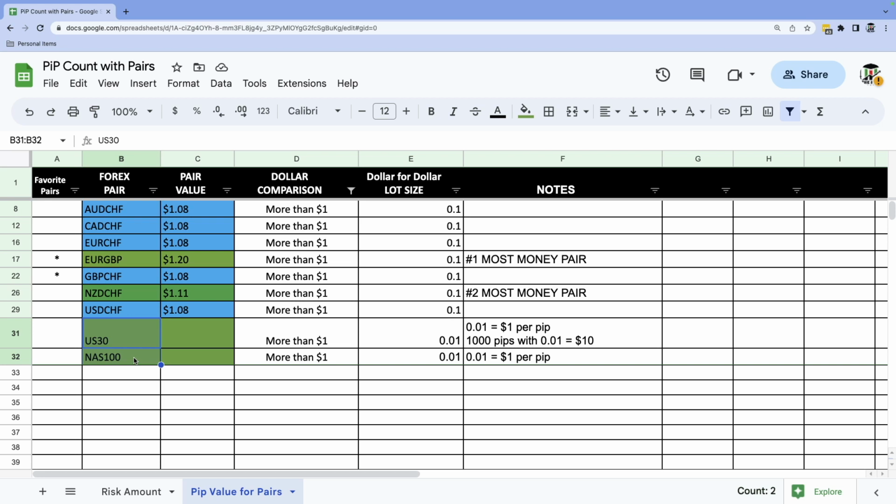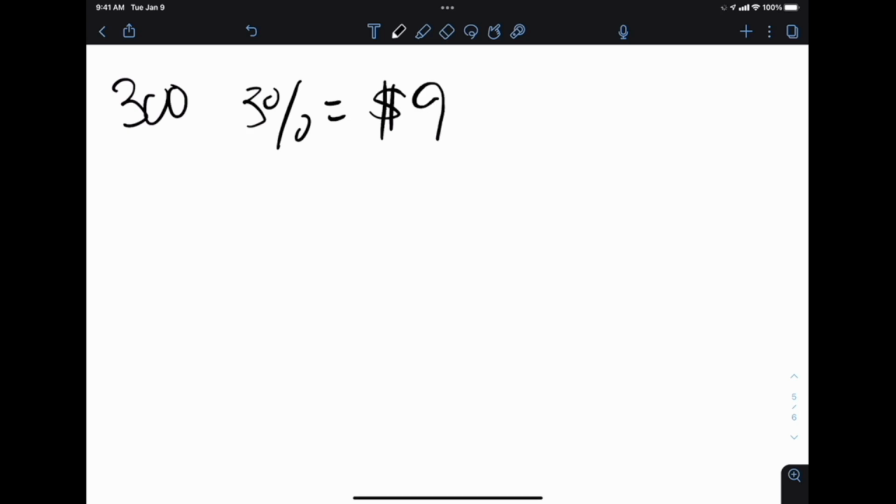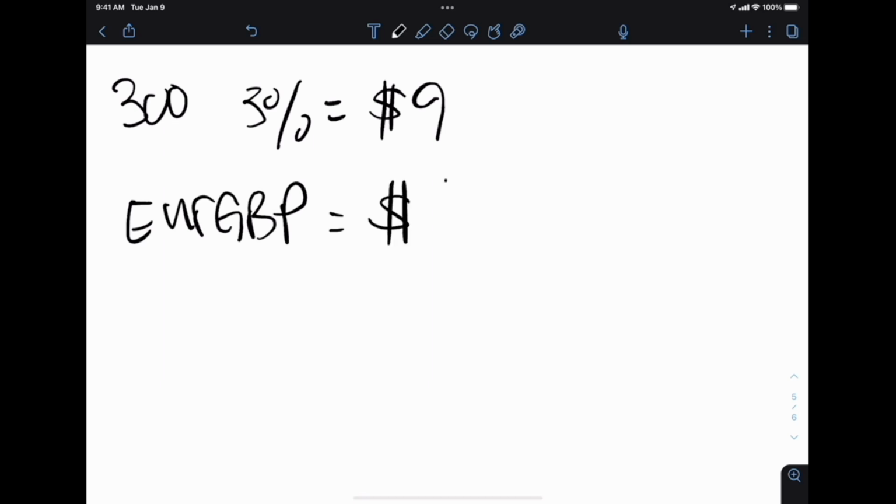All right, so now let's go back to the iPad and let's look at how we can leverage these different pip values with our formula. So let's say we were back to that $300 account and we were doing 3%, which equals $9. Let's say we were trading Euro GBP, and we know that is $1.20 per 0.1 lot.